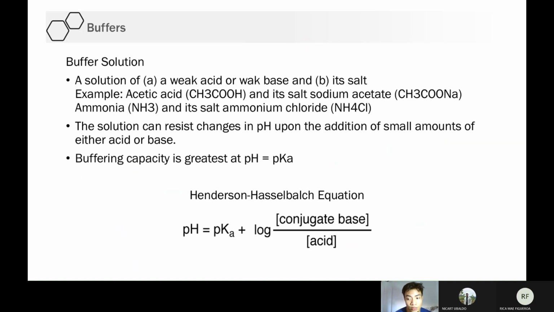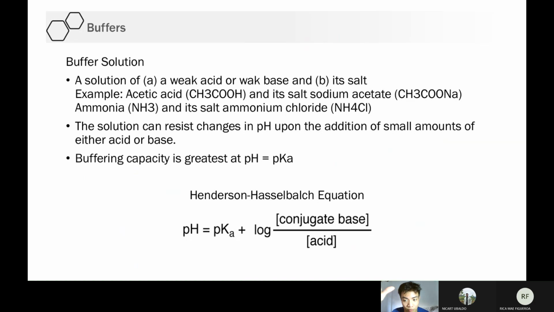Bakit? Kasi imagine nyo, if walang buffer yung katawan natin, uminom ka lang ng suka, super acidic ka na agad. Dapat super acidic ka agad, no? Pero hindi ganun yung case, no? Our body tries to balance the pH pa rin, no? So, ganun. So, ibig sabihin ang buffer, these are solutions that maintain the pH, no?